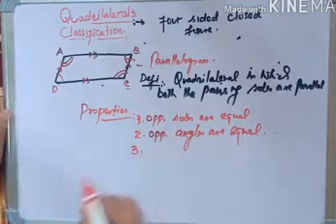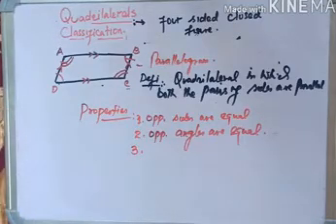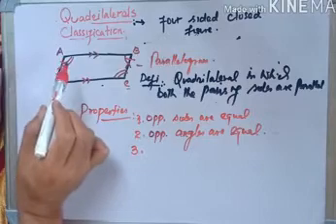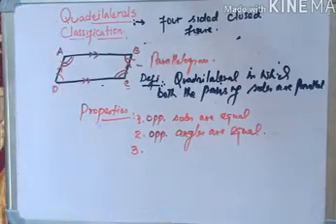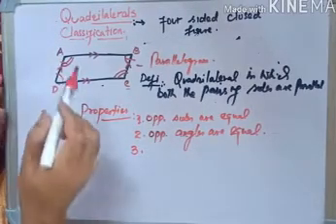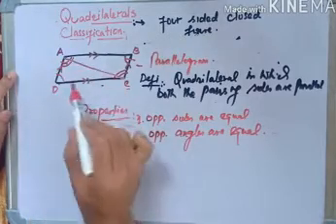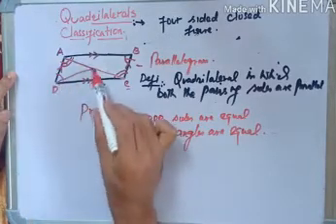Number third property: you know what diagonals are. When we join non-consecutive vertices, we get the diagonals. So diagonals are line segments joining opposite vertices. I joined AC and I joined BD.